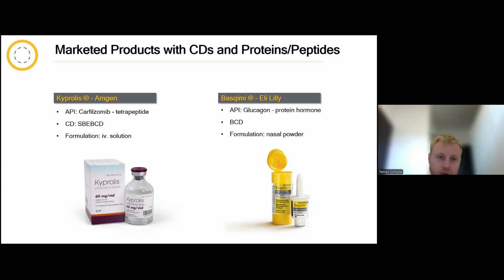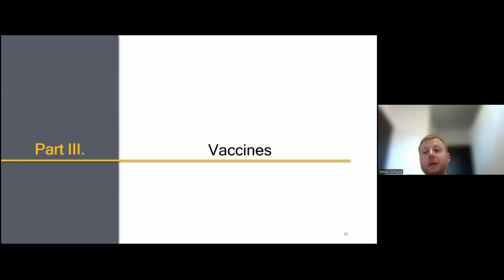In the parenteral field, the closest analogy is the tetrapeptide, so it's still a small molecule, but it's a blockbuster drug from Amgen. Here, of course, in this case, solubilization is the dominant effect, so it's closer to a small molecule again. Okay, so that's about proteins.